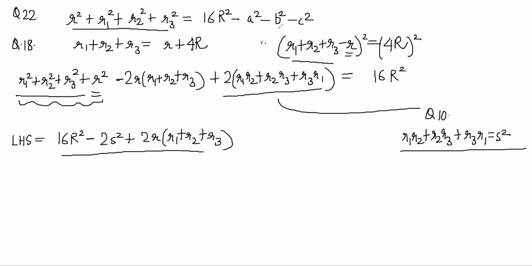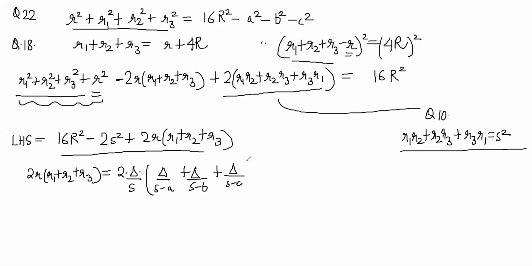We have to reduce this and make it look like the required form. So now let's focus on the other term that we don't know about: 2r into (r1 plus r2 plus r3). Here r is equal to del by s, and r1, r2, r3 are del by s minus a, del by s minus b, and del by s minus c, right?